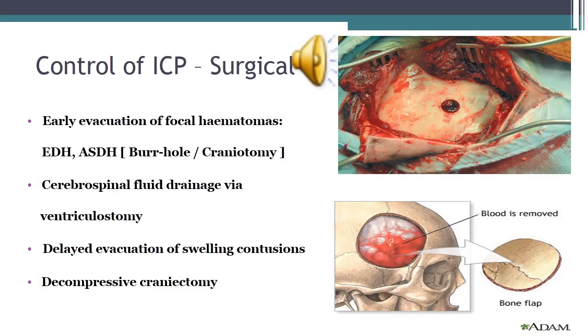Also, raised intracranial pressure can be controlled or treated surgically via ventriculostomy by aspirating CSF if there is obstruction to the CSF flow. Delayed evacuation of a swelling contusion can be done by craniotomy or by decompressive craniectomy.